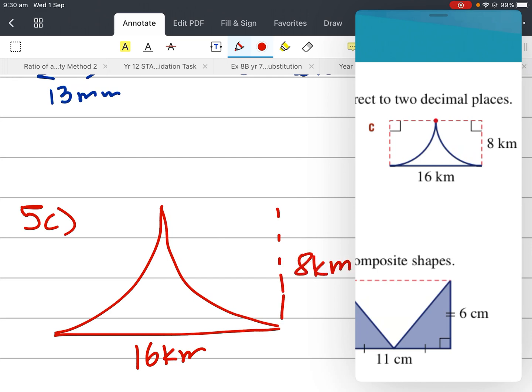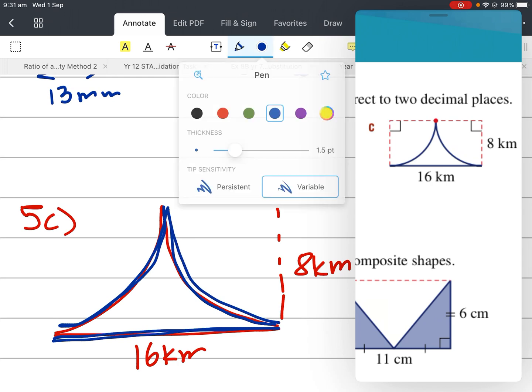Alright, so what you have to do here is you have to figure out what you can see. So we've got a straight bit here, that's easy for perimeter, that's 16. Now hopefully you can see you've got this bit here and this bit here is actually a quarter of a circle.